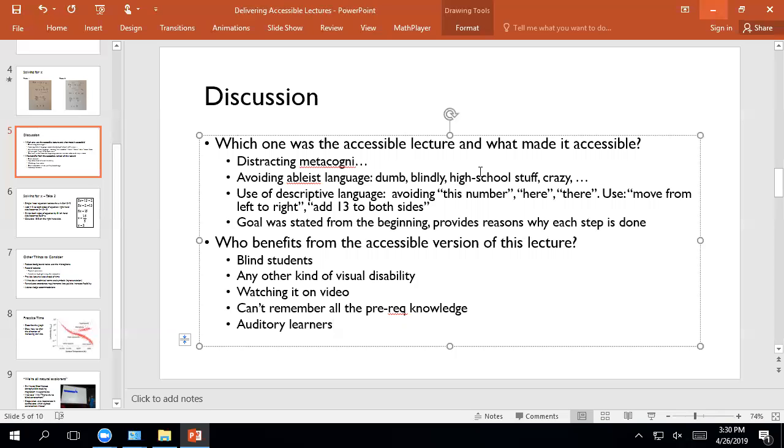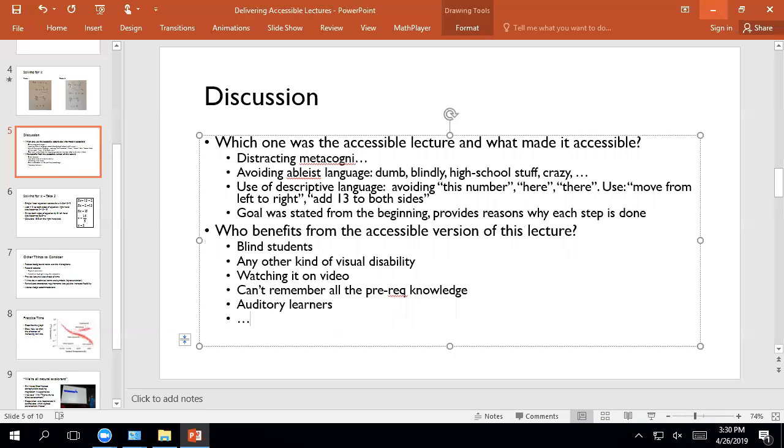And they still want to be in our classroom. And they deserve to be in our classroom. So there are many more situations in which this more accessible mode of lecturing, being very descriptive and avoiding ableist language, is beneficial.